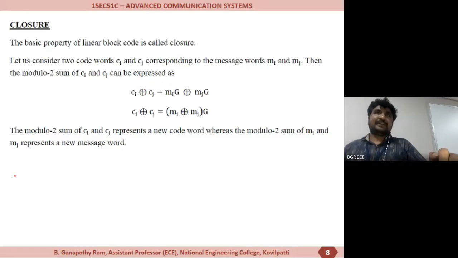The basic property of the linear block code is called the closure property.